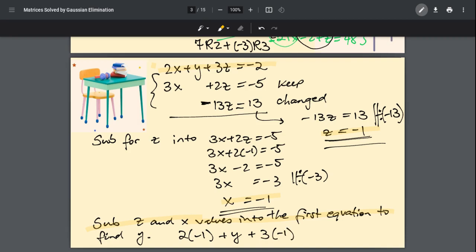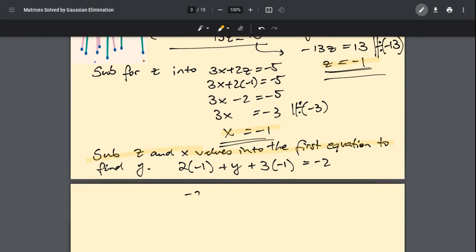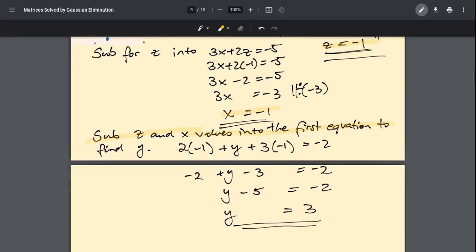Luckily, they're both -1. Notice it does take some focus, because as soon as one thing is off, everything is off. That is the frustrating part with all of it. Okay, so that's -5 equals -2y, so y equals 3.